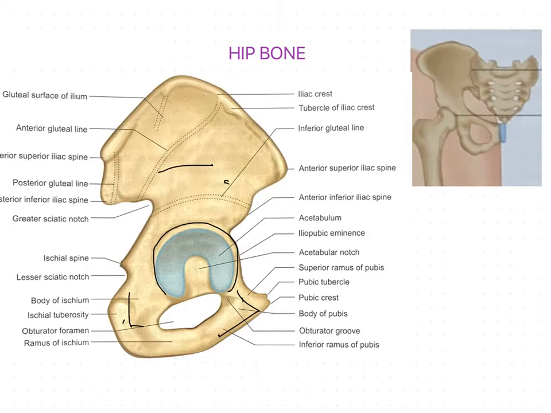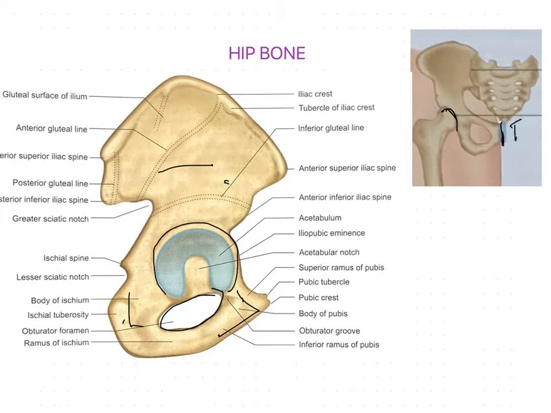The pubis and ischium are separated by a large oval opening called the obturator foramen. The acetabulum articulates with the head of the femur to form the hip joint. The pubic parts of the two hip bones meet anteriorly to form the pubic symphysis.